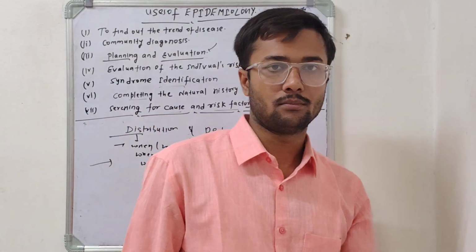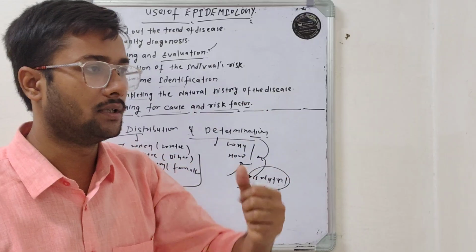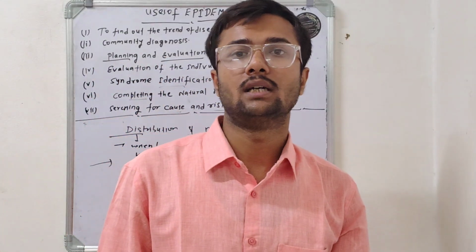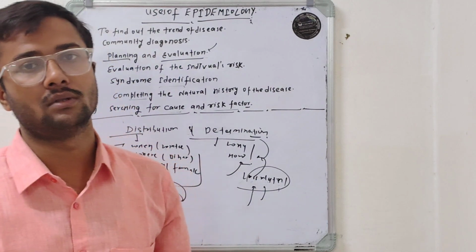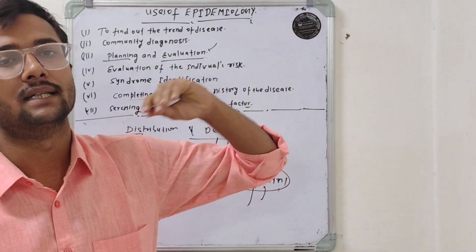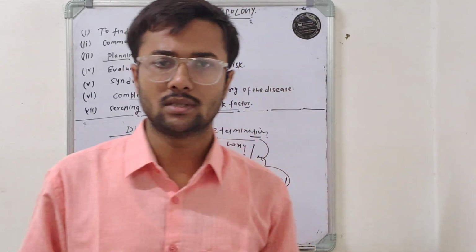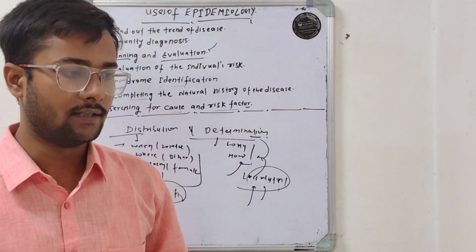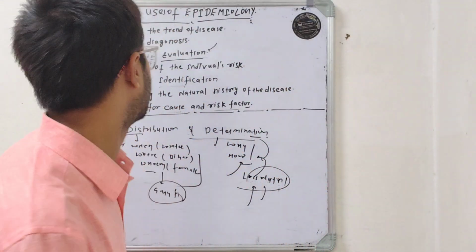Also, with the help of prevalence and incidence, we try to find the effectiveness of the programs. Is the program effective or not? If after starting the program the prevalence and incidence both decrease, that means the programs are effective. If they remain high, that means the programs are not effective.